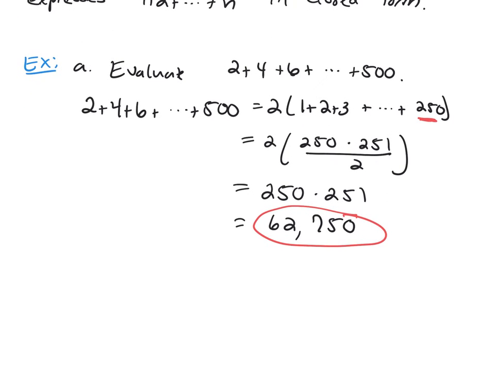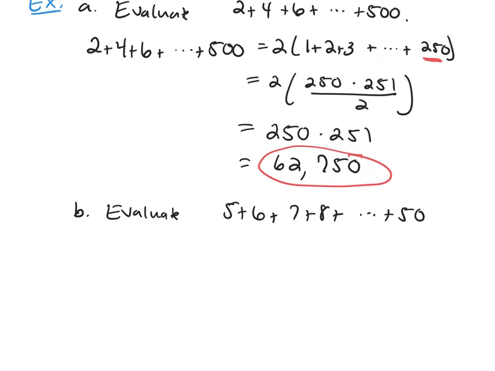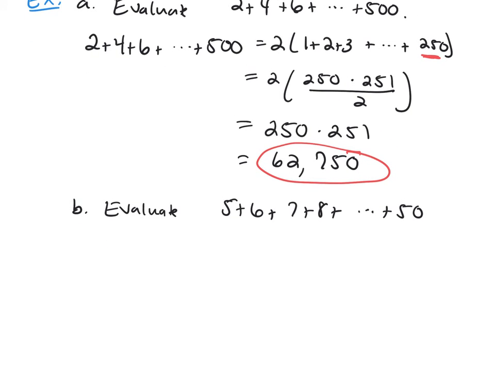Let's look at another example here. Let's evaluate 5 plus 6 plus 7 plus 8 all the way up through 50. Well, this is almost what I can use the formula on.